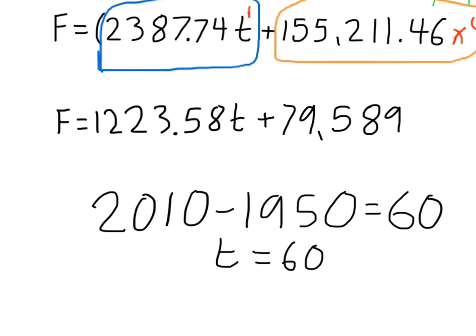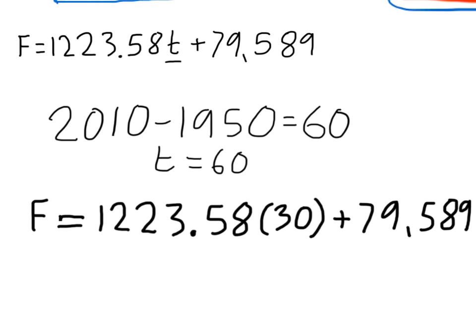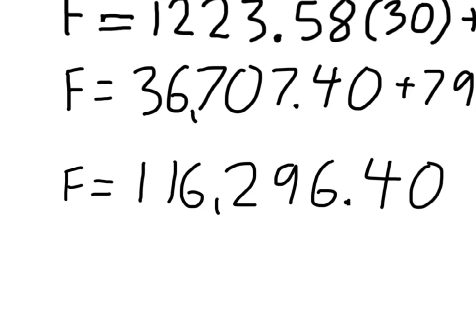Now we can input 60 for T. So there we go, we've inputted 60 in for T. Now we can solve for F. We're going to start by multiplying right here. We multiply these two, and that gives us just over 36,000. So now we just have to add these two to get our final answer for the female population. So we get 116,296.4 for the female population using our equation.